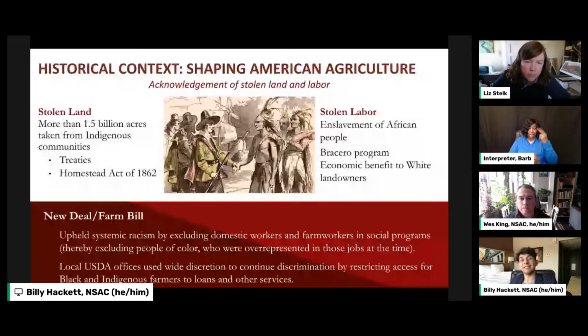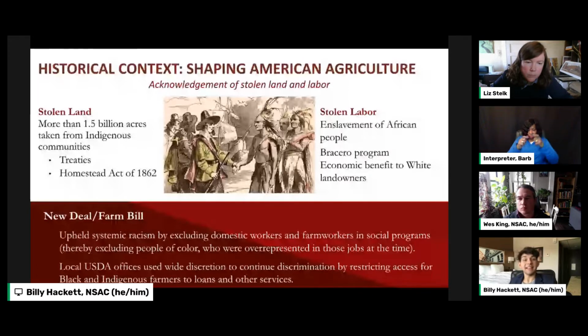And it's on these foundations of stolen land and labor that our agriculture system today was built and continues to function. That brings us to the beginnings of the Farm Bill and the New Deal era. So, the New Deal era, as I'm sure you're familiar, was a piece of the puzzle to recover from the Great Depression coming out of World War II.